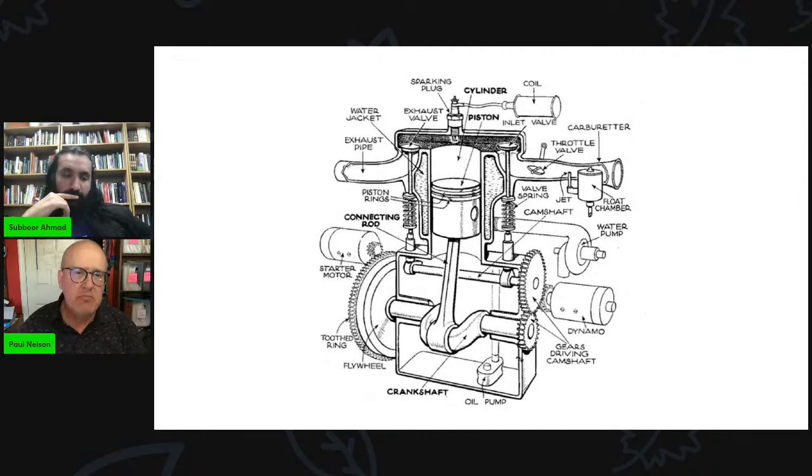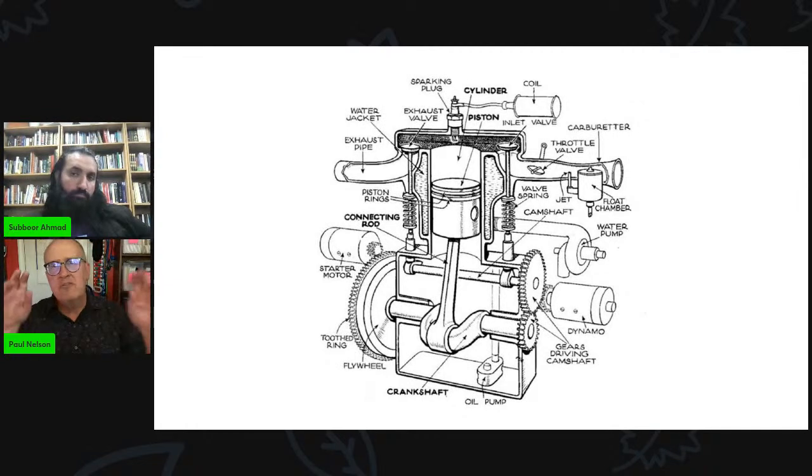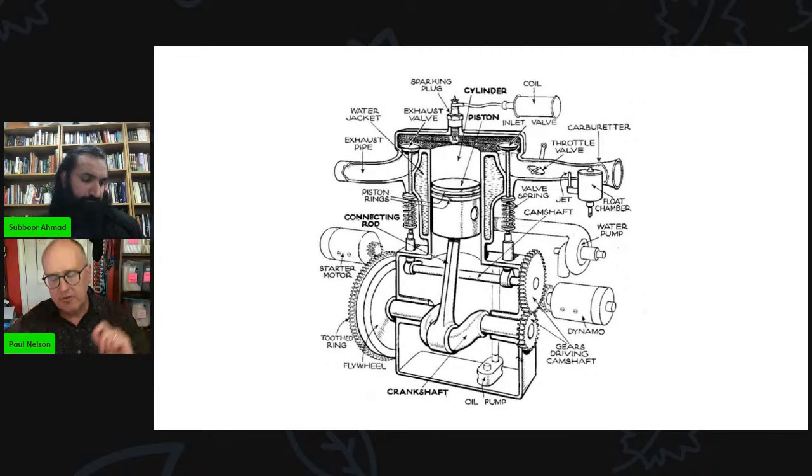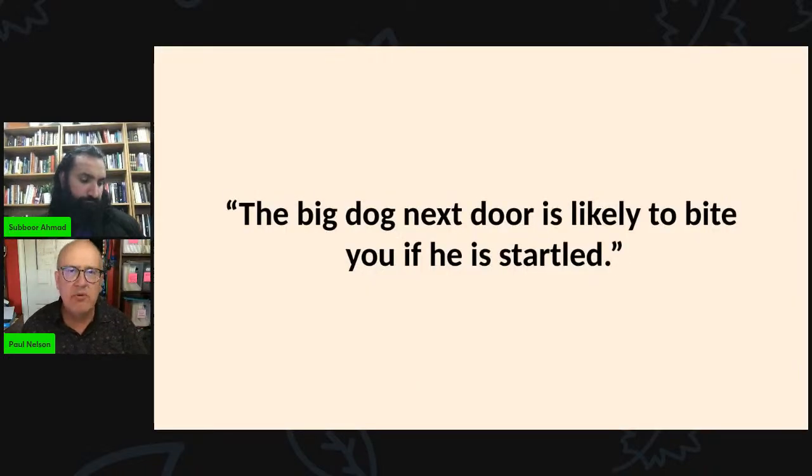So we could explode this diagram into piston, cylinder, crankshaft itself, the spark plug, and so forth, and you will have a necessary set of parts for that particular function. And we can see this actually not just in mechanical engineering, but in natural language.